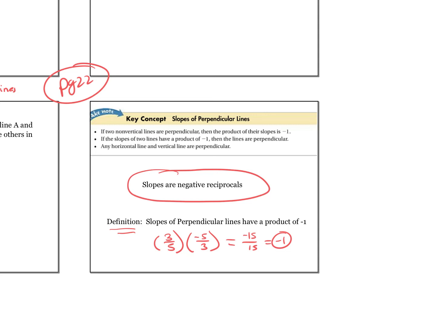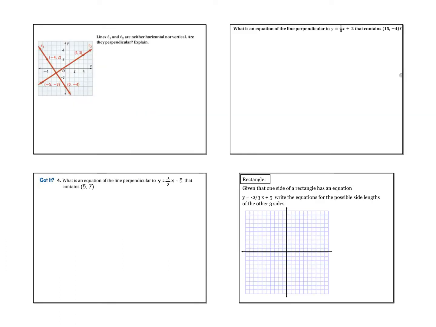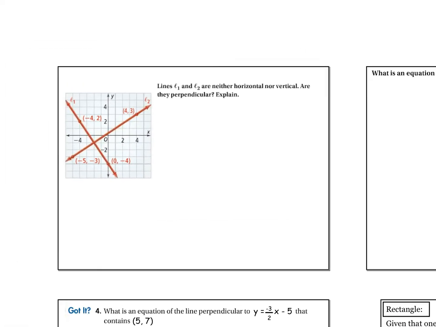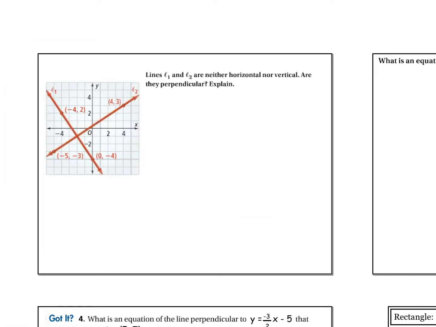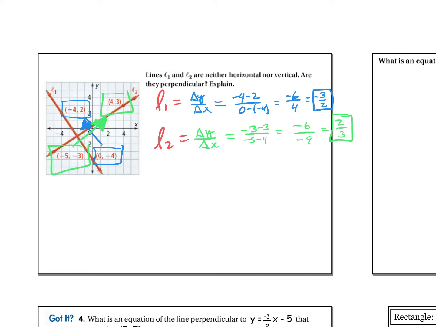Let's go to the next page. Here we've got line 1, line 2, and we want to find the slopes to see if these lines are perpendicular. So take a minute, find each slope, and then let's go over this.